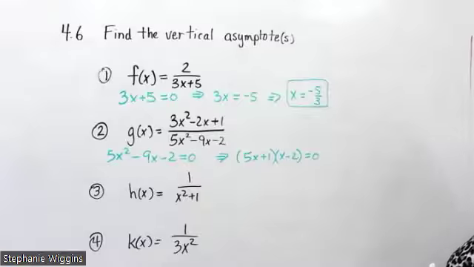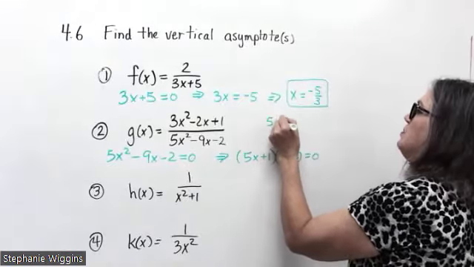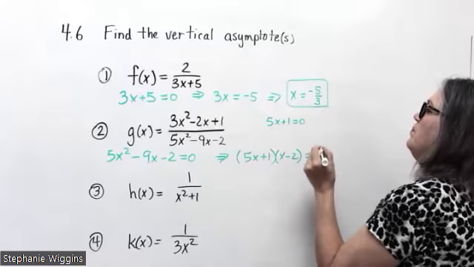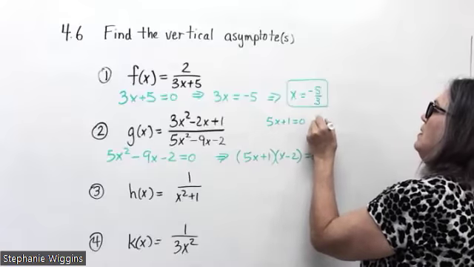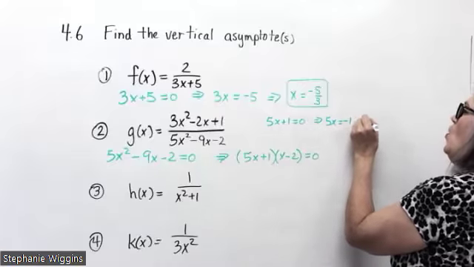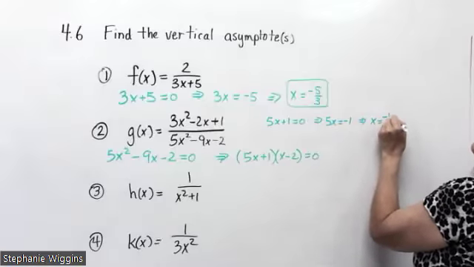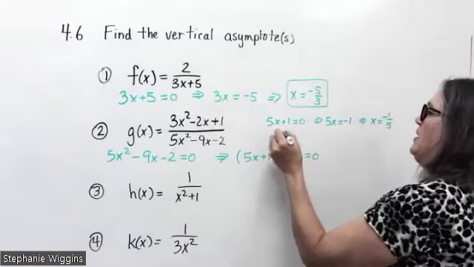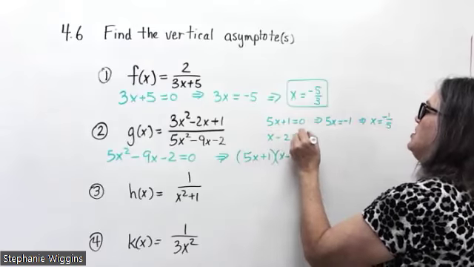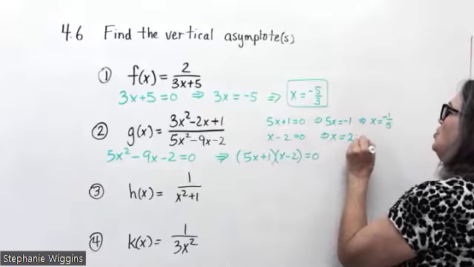And so we have 5x plus 1 is equal to 0. And that would give me 5x is equal to -1, or x is equal to -1/5. And similarly, x minus 2 equal to 0 is going to give me x is equal to 2.